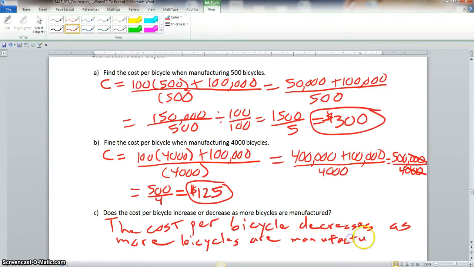Now you cannot just write decrease. You have to write out this whole statement. The cost per bicycle decreases as more bicycles are manufactured.